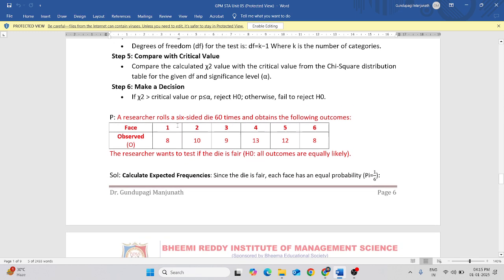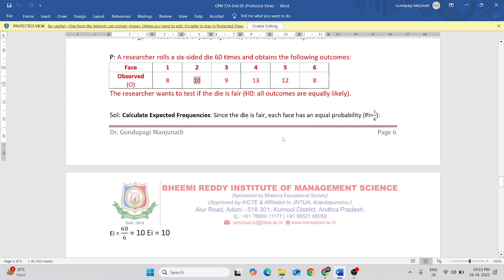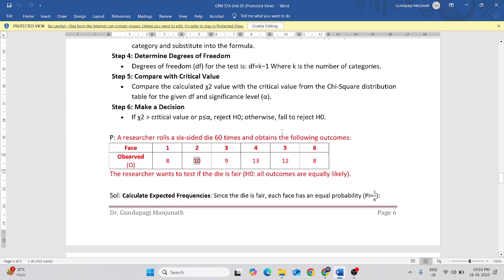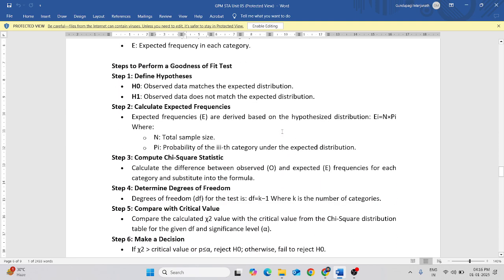So here we have one problem. Let me explain with the problem. A researcher is rolling a 6-sided die 60 times and obtains the following outcome. How many faces will be there? 6 faces, and for each face, the first face is observed 8, the second face observed 10, and all outcomes are equally likely. So first we have to find the equal probability, because the difference is only in the calculation of the expected frequencies.